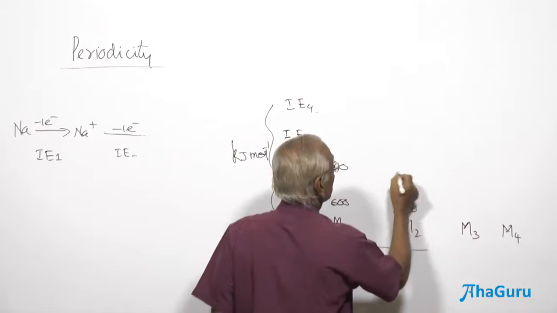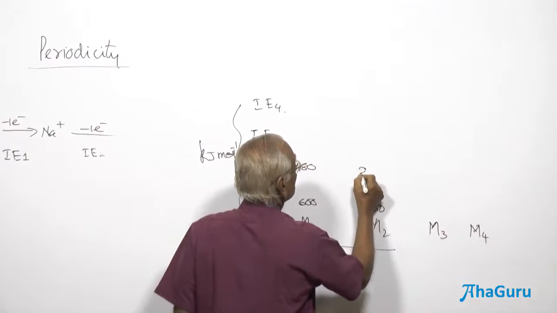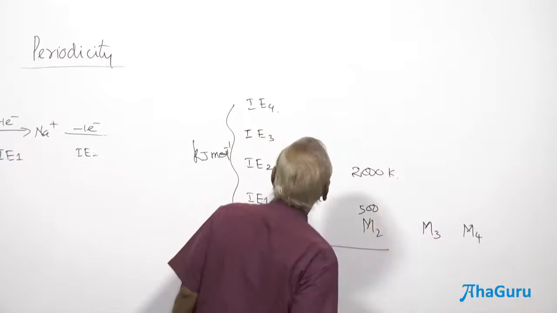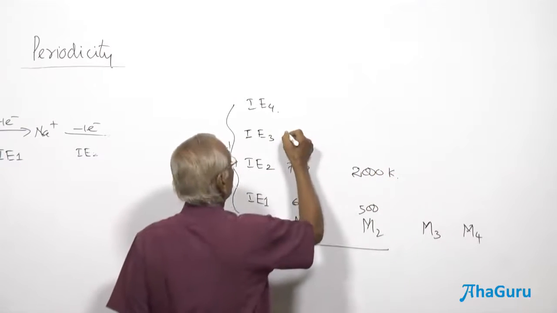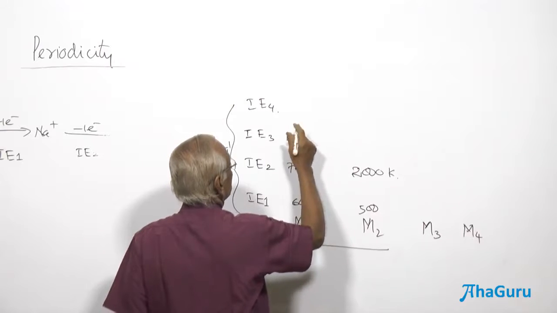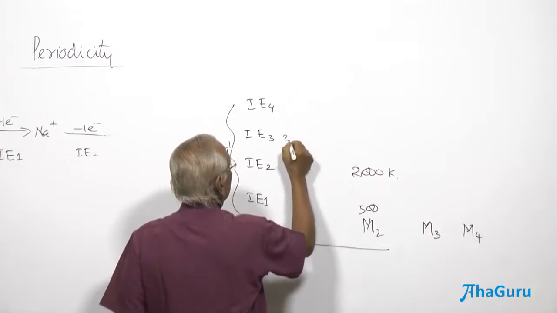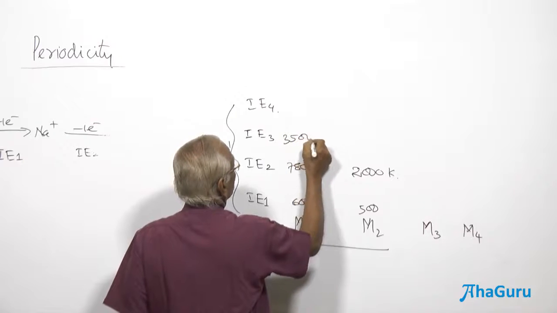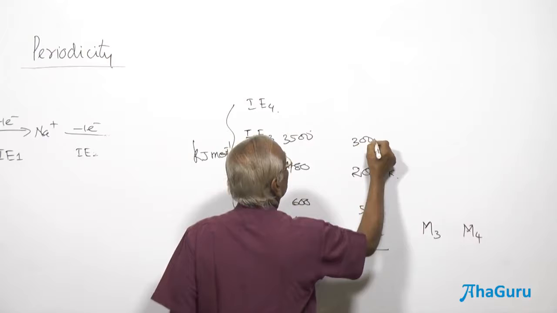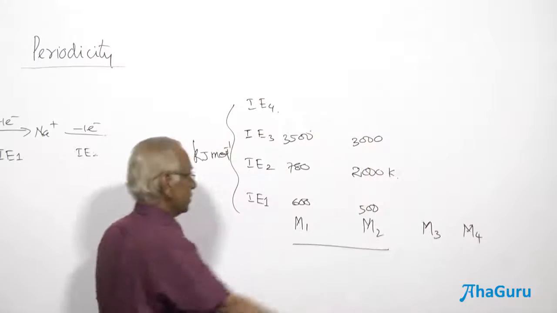This is going to be 2000 kilojoules per mole. And obviously, the removal of the second one becomes very difficult. Therefore, this is going to be 3500 kilojoules per mole, and this could be 3000 or 3500 kilojoules per mole, and so on and so forth.